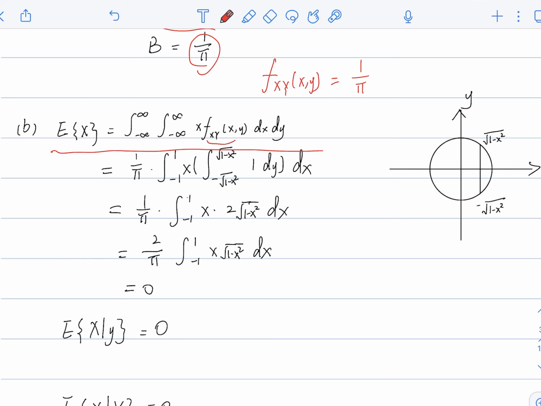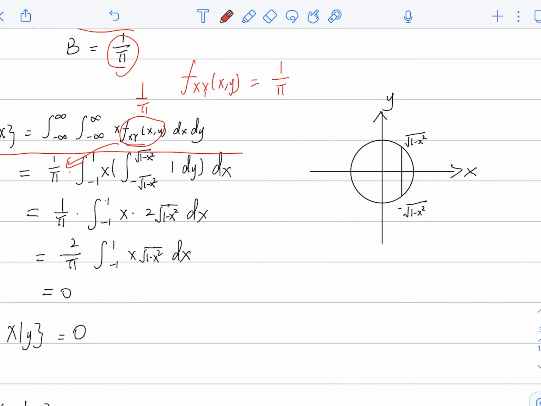Because we know that f(x,y) is equal to 1 divided by pi, and pi is not relevant to x or y, we can separate out the 1 divided by pi.